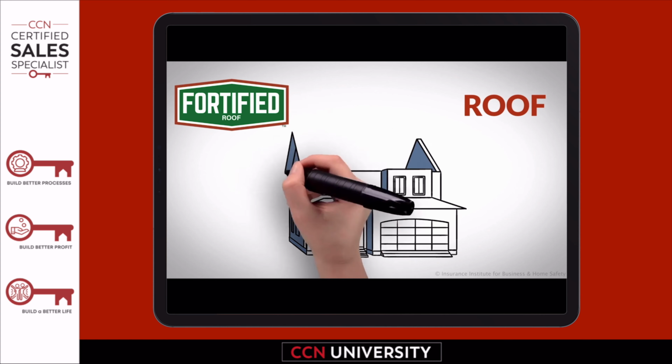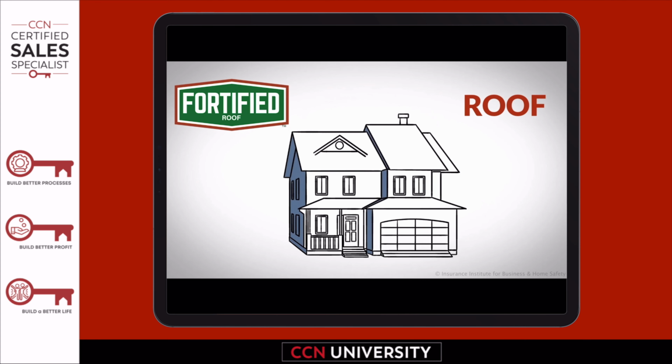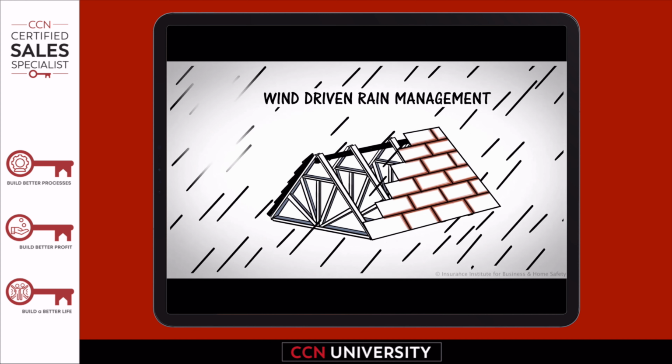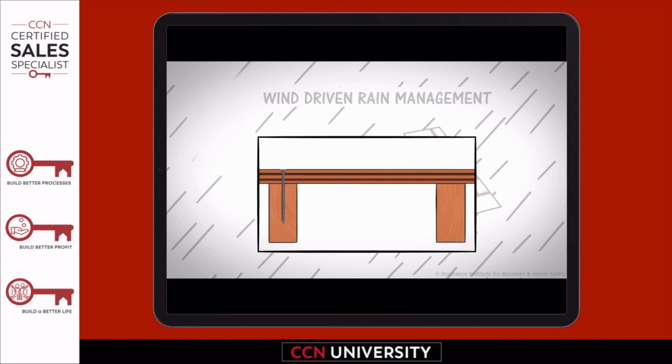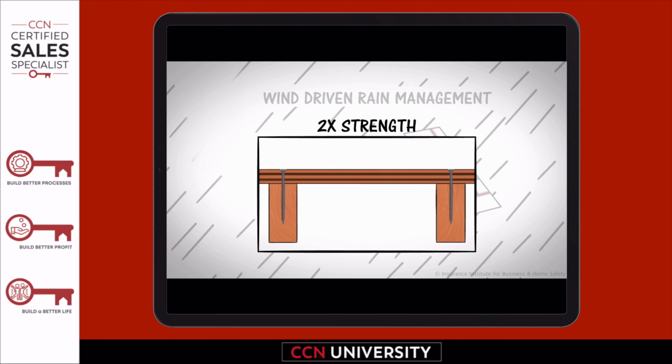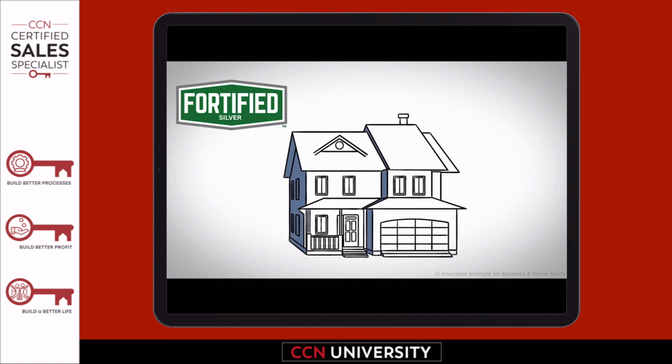The roof, a home's first line of defense against Mother Nature, provides a comprehensive roof system designed to keep both wind and water out. A fortified roof features a wind-driven rain management system for advanced protection against water damage. It also provides superior wind uplift resistance by using ring shank nails, which provide double the strength of nails used on traditional homes. The silver level adds extra protection by strengthening building openings, such as windows and doors, to keep out wind, water, and flying debris.